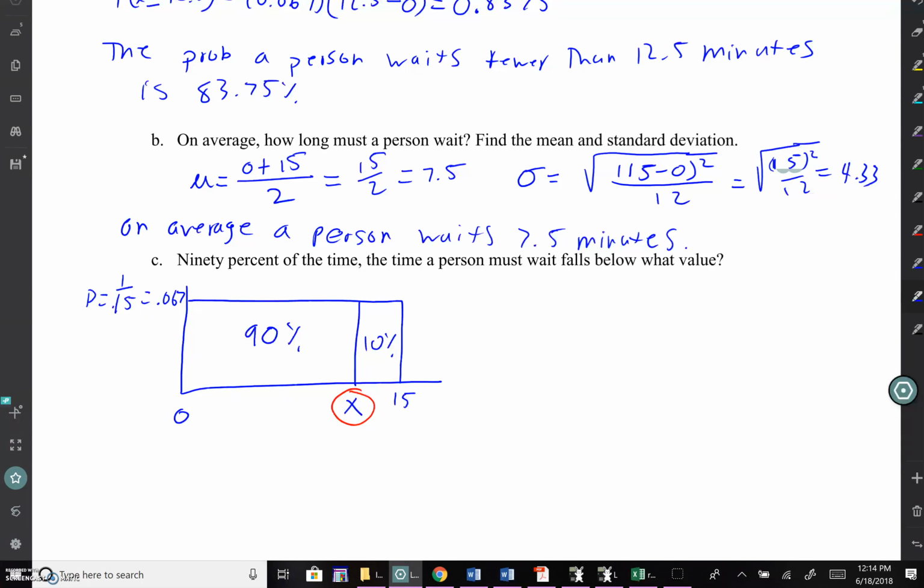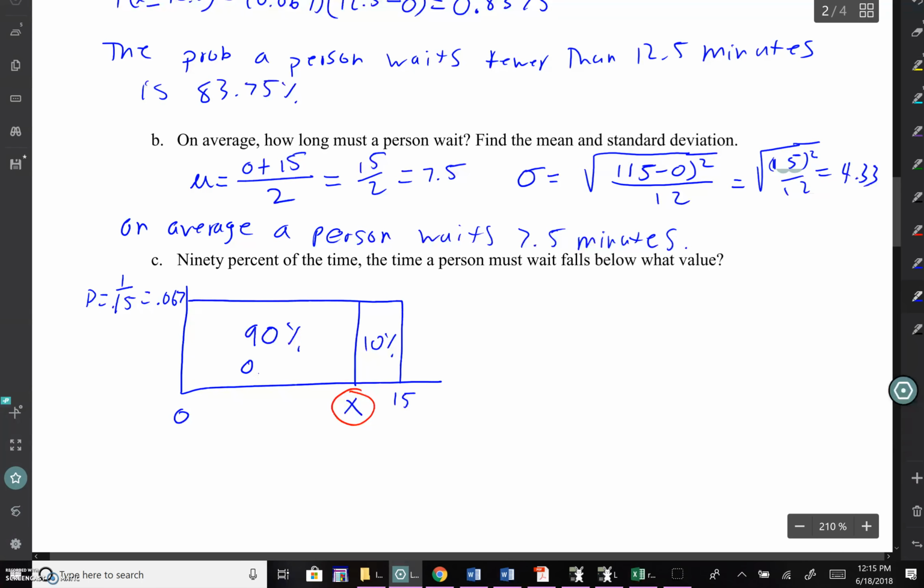So I'm going to have to reverse a little bit what I did. They told me the area this time. And remember, we probably want to work with this as a decimal. So we'll work it as 0.9. So last time we had that our probability equaled the length times the width. So this time we're going to have our probability, which is 0.9, still equal the length times the width.